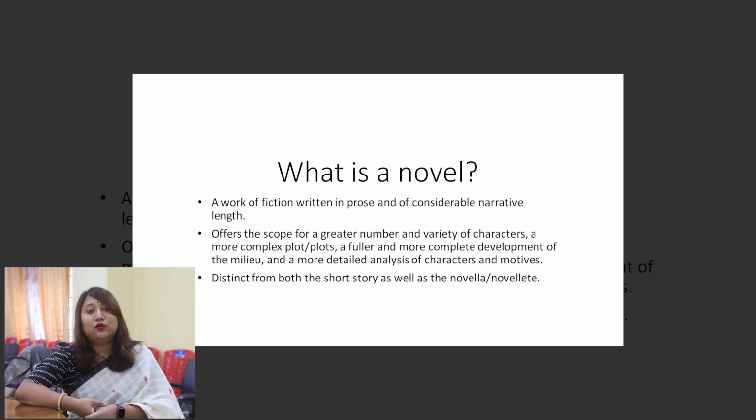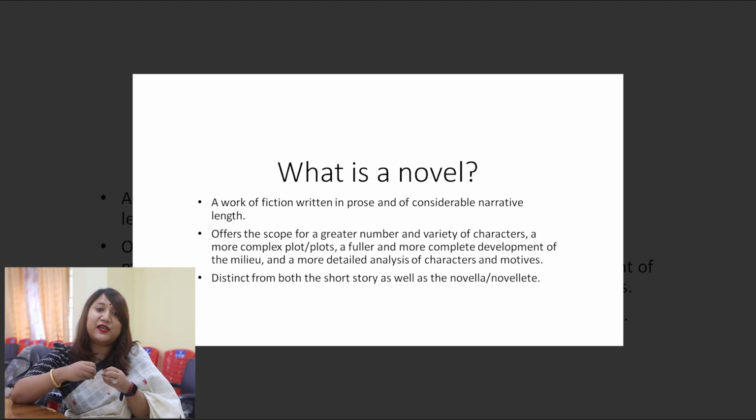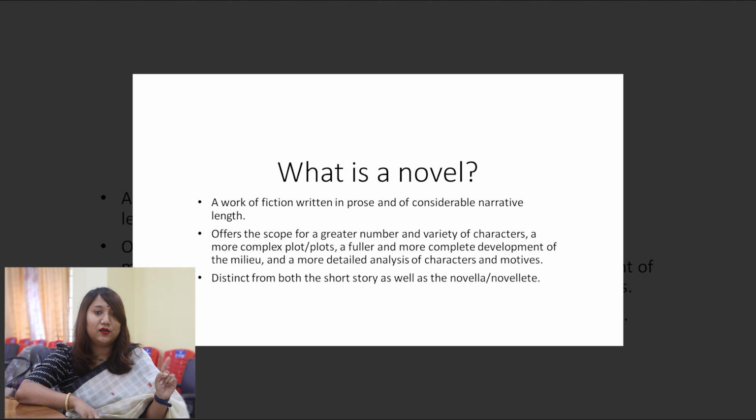Now, because we have the advantage of length, the novel also gives you the freedom to develop a more complex plot. Now, students, we have to be very cautious when we are using the term plot. As students of literature, you will have to know that plot is very different from the story.